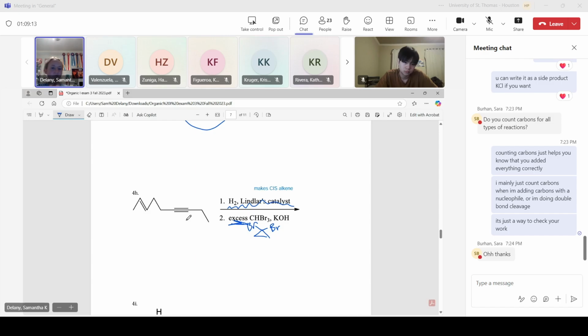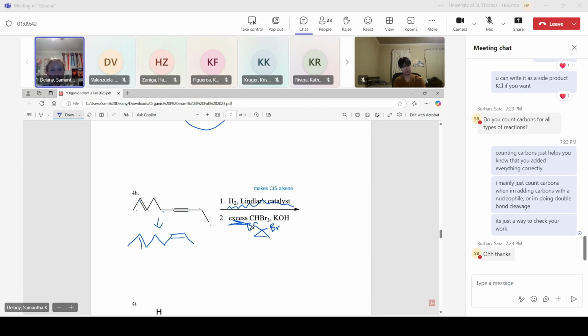Perfect. Okay. Now, if we make what happens from step 1, 1, 2, 3, 4, 5, 6, 7, 8, 9, we have 9 carbons. I'm going to start with my cis alkene that we form from our alkyne. Three, 4, 5. Perfect. Okay.